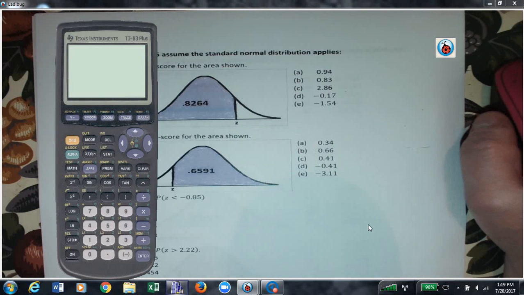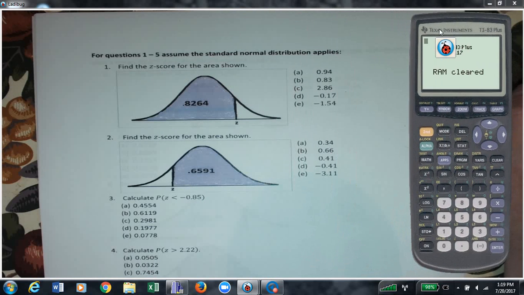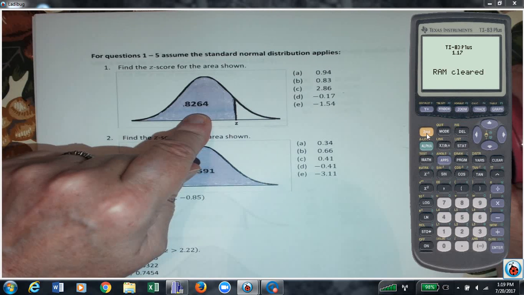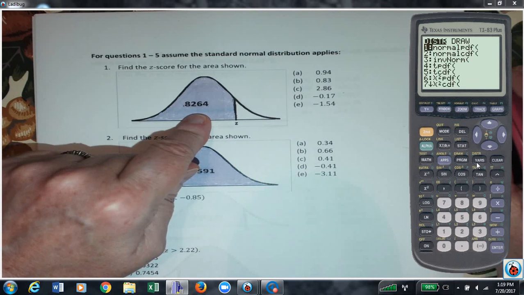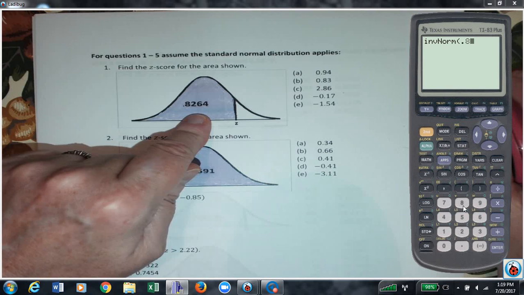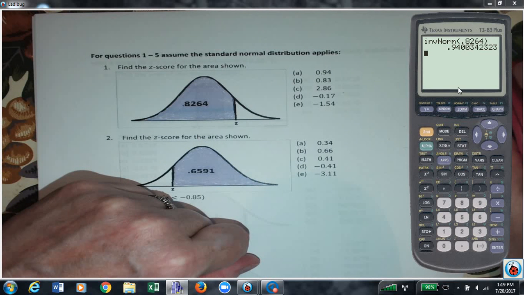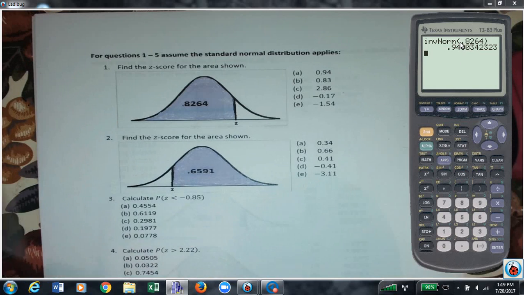If I have the left area, then if I do second vars and scroll down to INV norm, if I know the left area, then I should be able to get the corresponding z-score. And you can see here they're all taken to 2 decimal places, and if I take that to 2 decimal places, it's selection A.